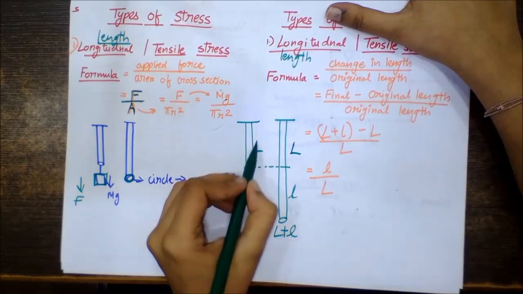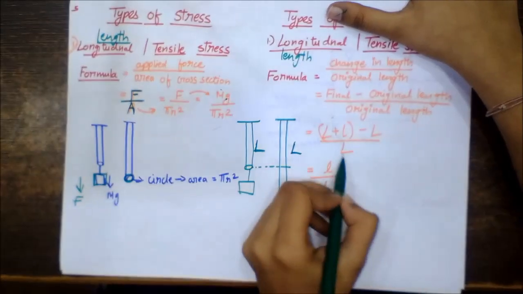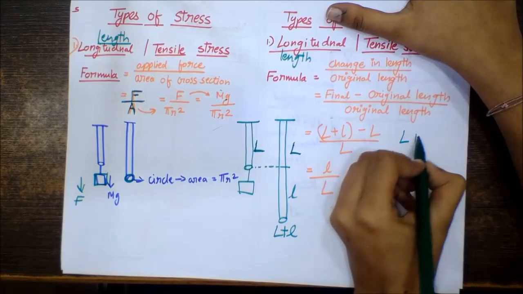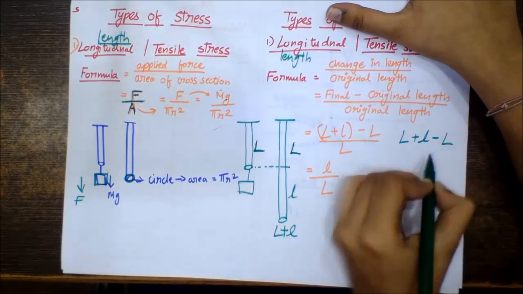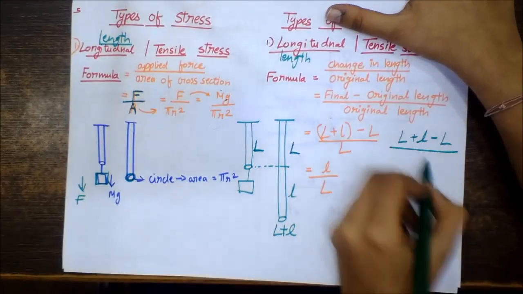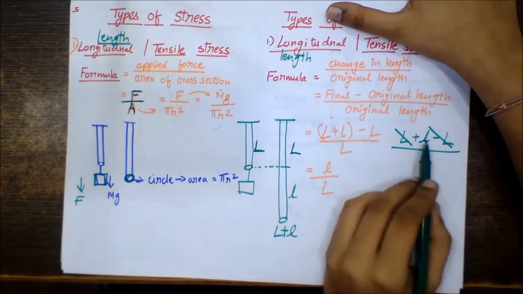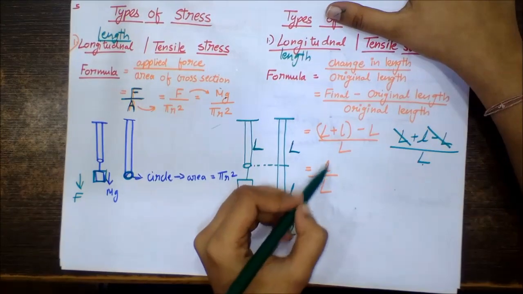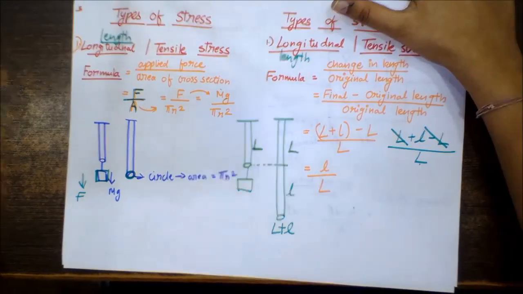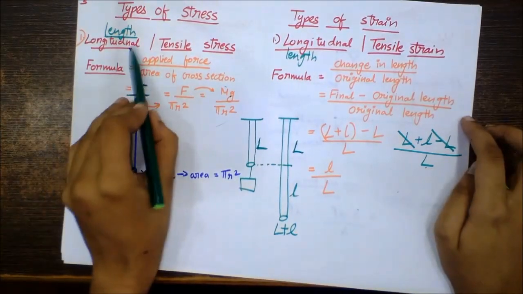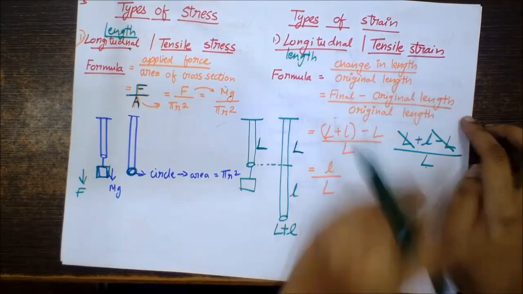Original length is L. So, L plus small l minus capital L, upon the original length, that is capital L. This will get cancelled. So, my strain will be small l by capital L. So, these are my longitudinal stress and longitudinal strain.